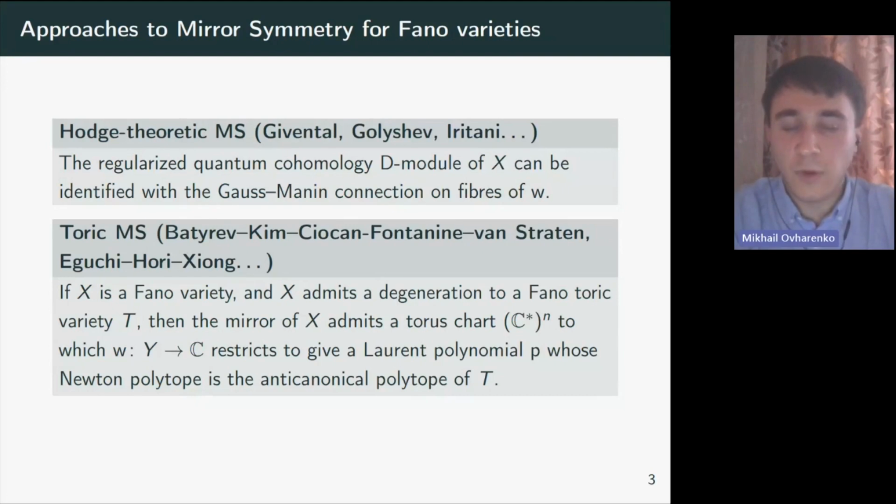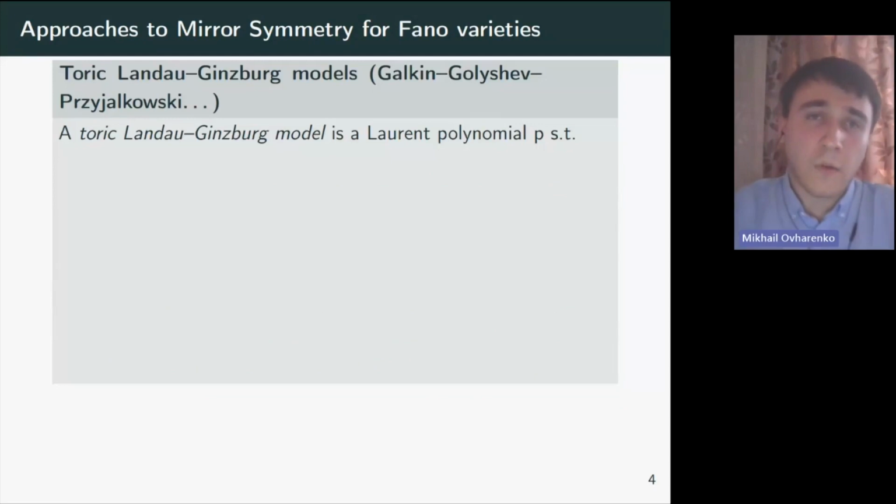And the Newton polytope of this Laurent polynomial should be the anticanonical polytope of the toric Fano variety which arises as a degeneration of the Fano variety. So one way to incorporate all of that is the theory of toric Landau-Ginzburg models.